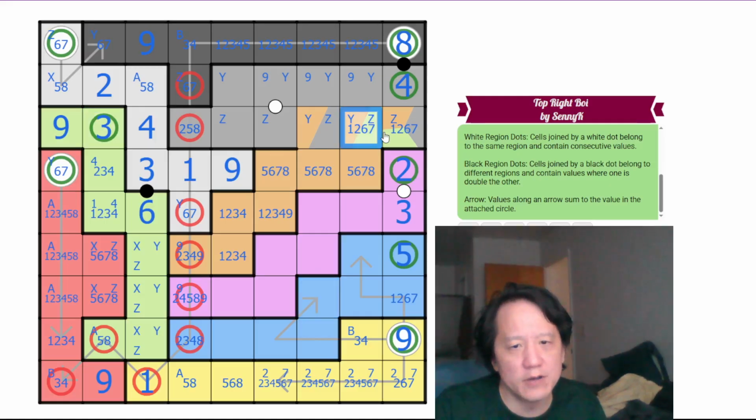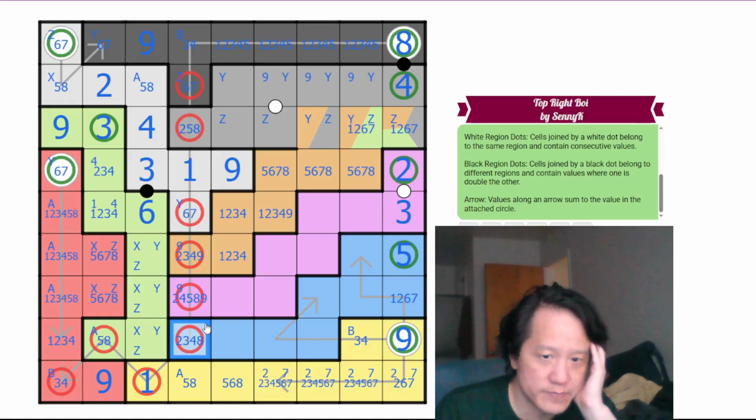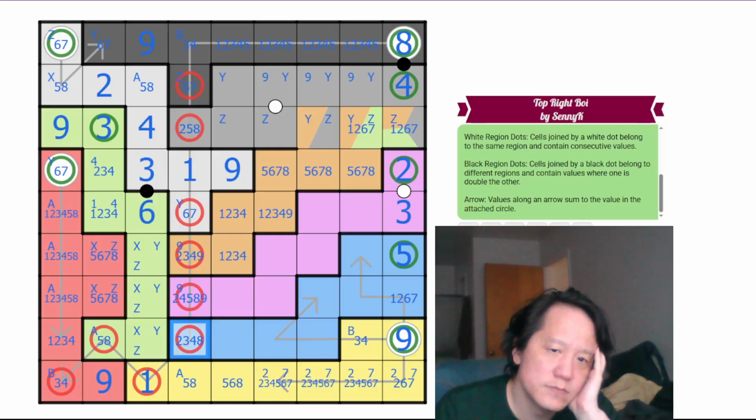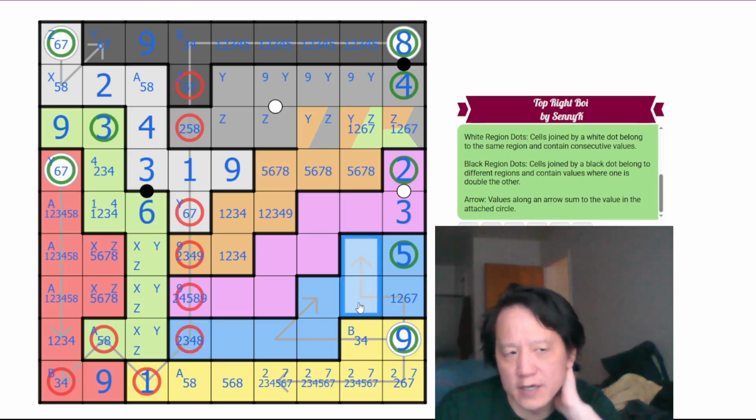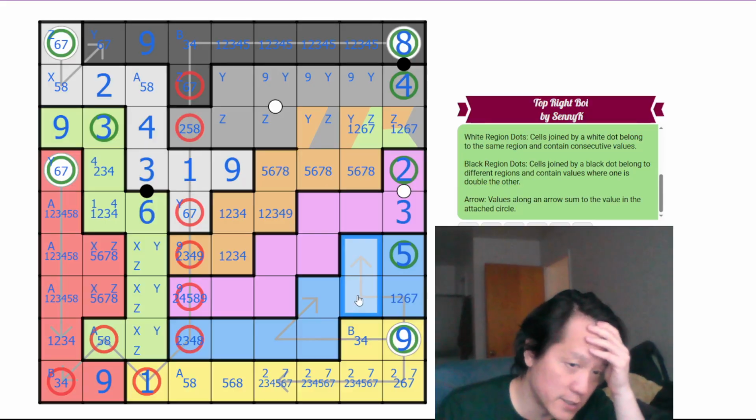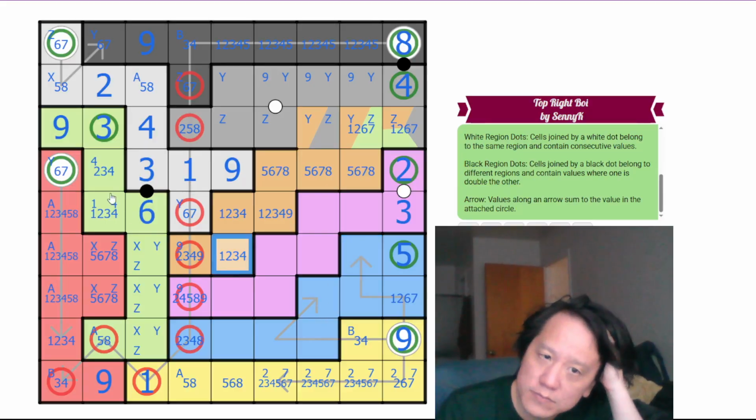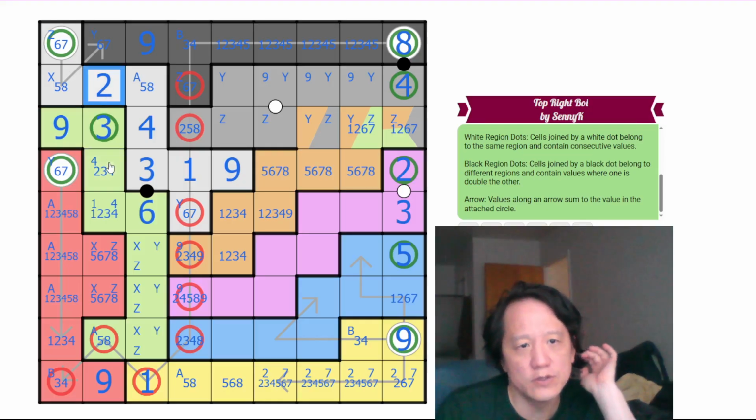We have 1 as a top right boy somewhere. One could be adding up with 8 and 9 to add up to 18. No 2 and 3 here.